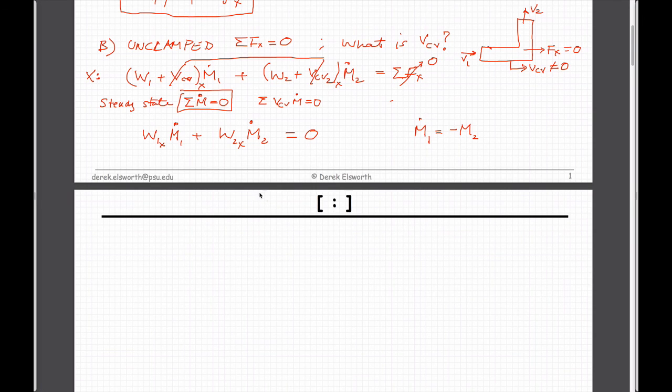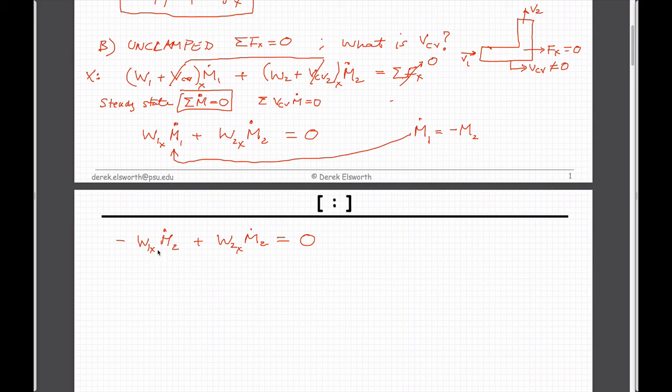So if, for instance, we substitute this into here, then I'll write it down here, then we have W1x times minus m2 dot plus W2x times m2 dot equals 0.